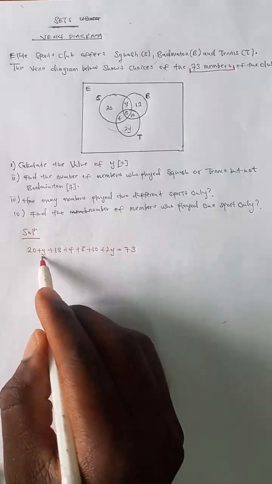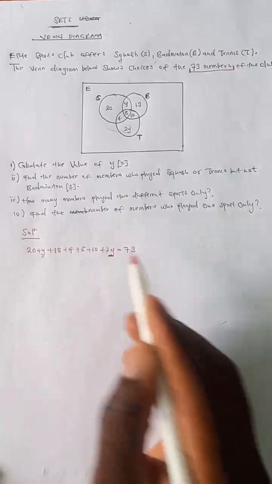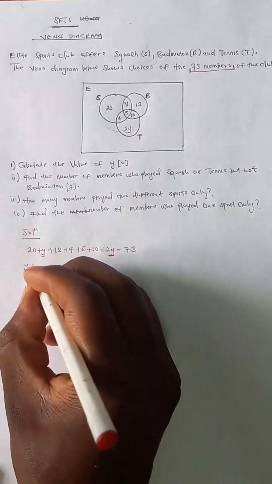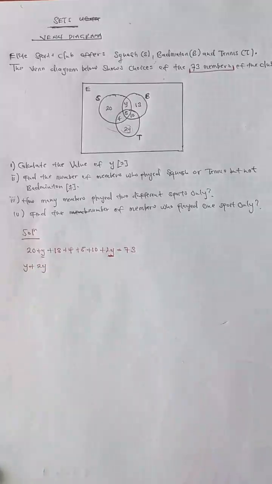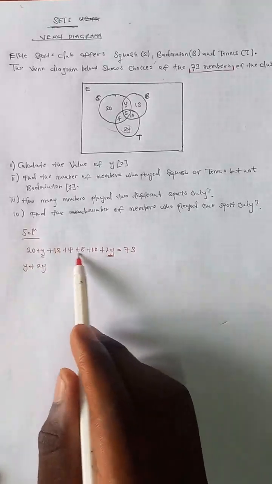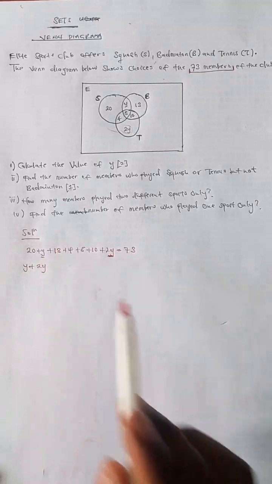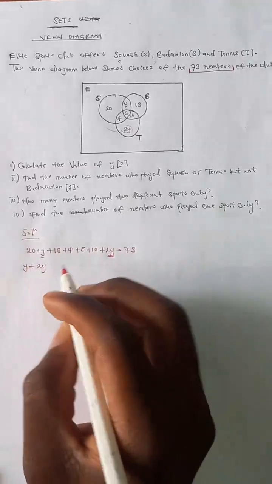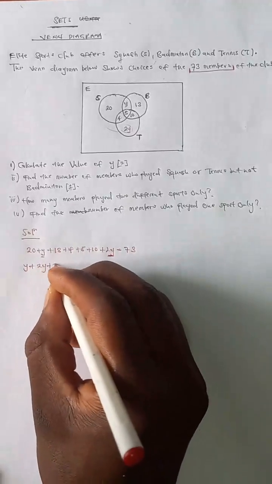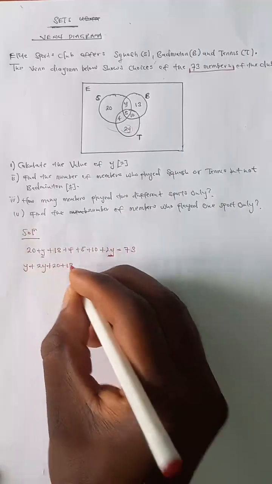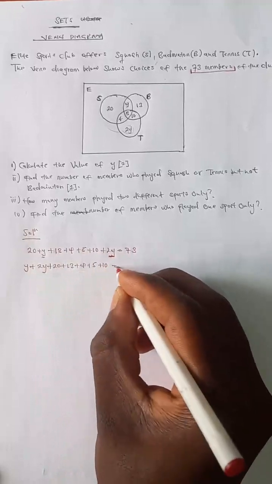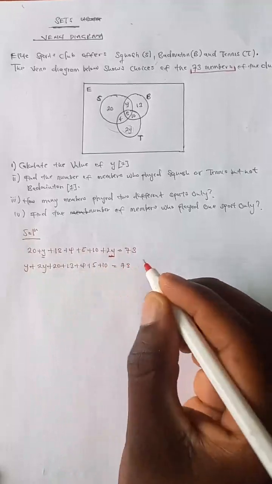From here we can collect like terms. I can see here I've got y, and also here I've got y, so I can collect them and put them together. I'll start by saying y plus 2y. If there is no equal sign, only positives, the sign won't change. It only changes when it crosses the equal sign. So y plus 2y, then plus 20 plus 13 plus 4 plus 5 plus 10 is equal to 73.